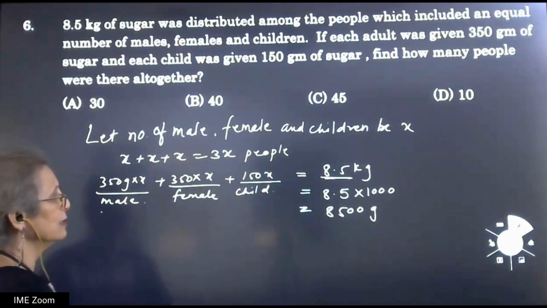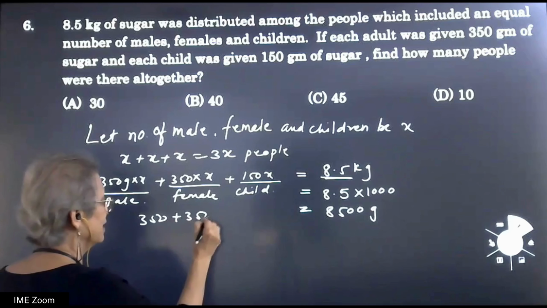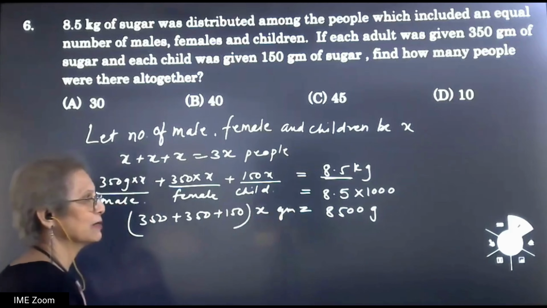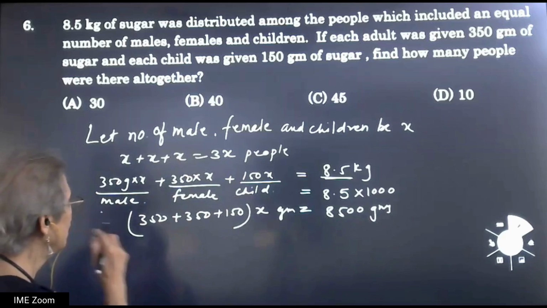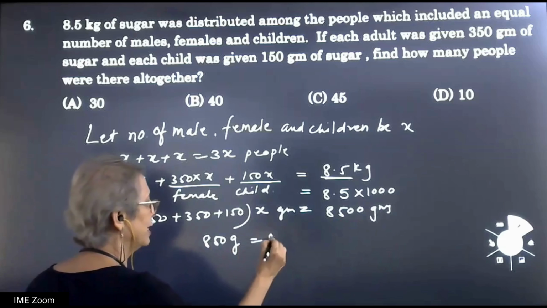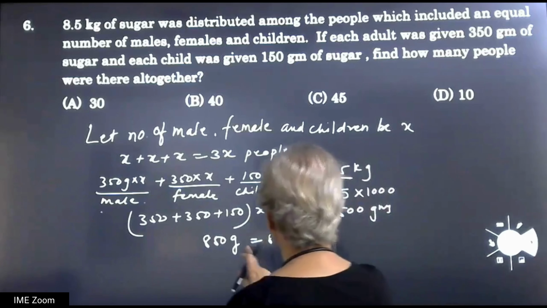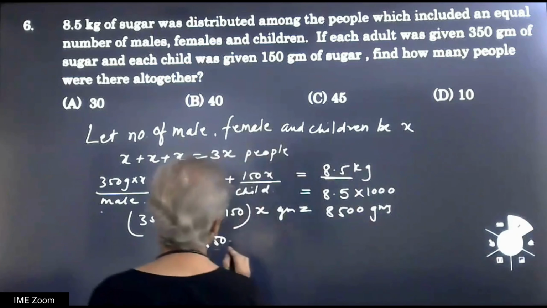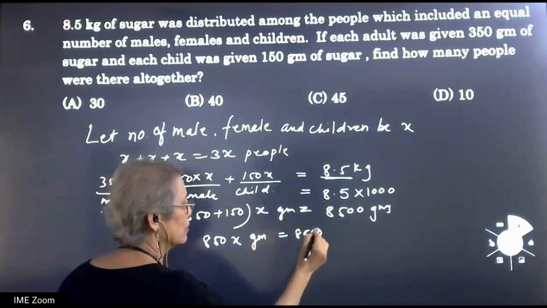Now let us add these together. All these are X. So 350 plus 350 plus 150, that is 850 X grams, is equal to 8500 grams.